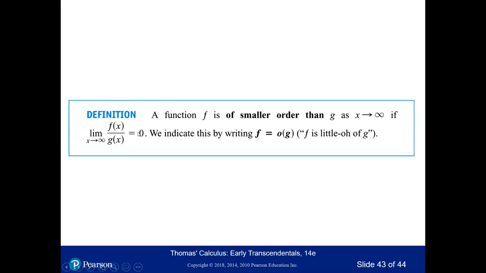That means the function in the numerator is growing slower than the function in the denominator. So in this case, f is slower than g. Then we can indicate this by writing f is little o of g. So f is smaller or slower than g.